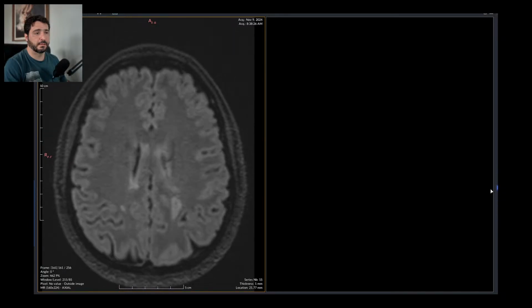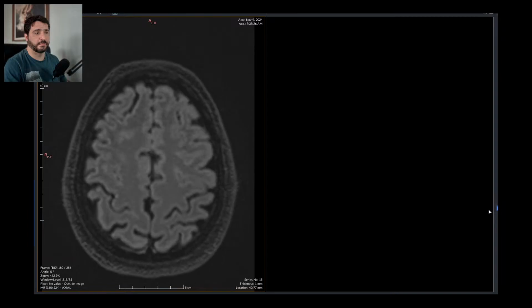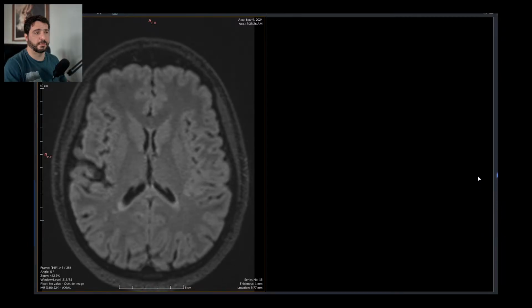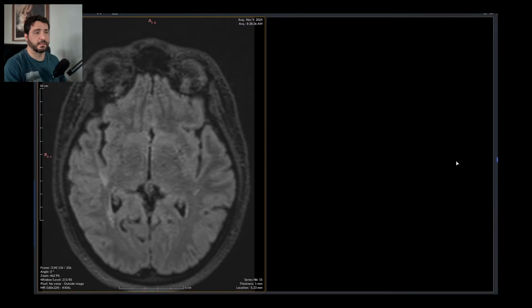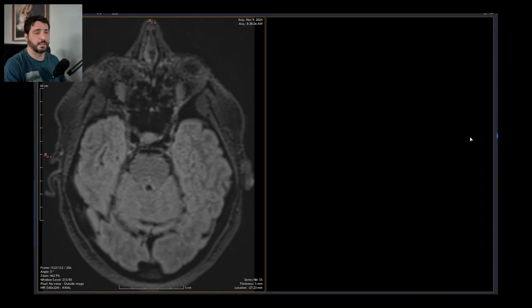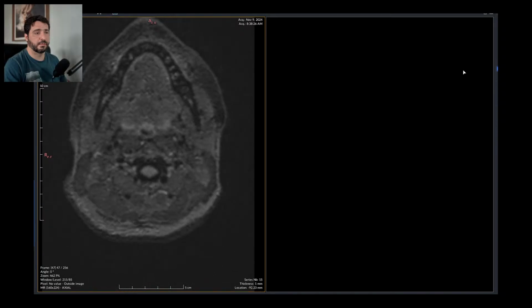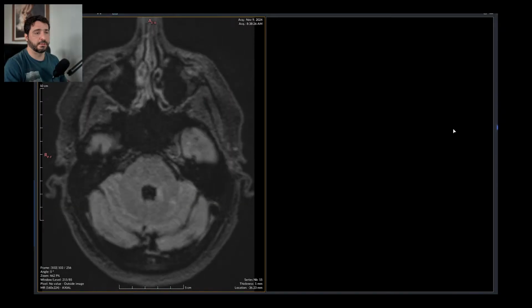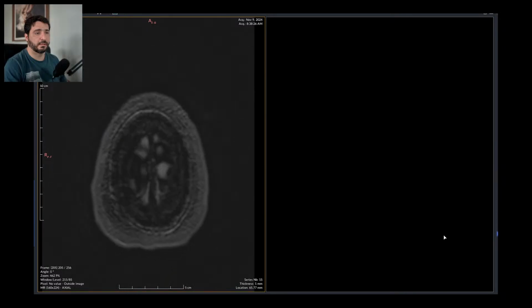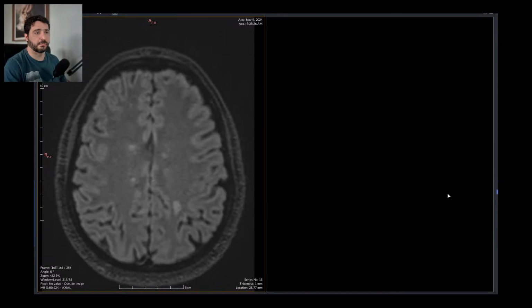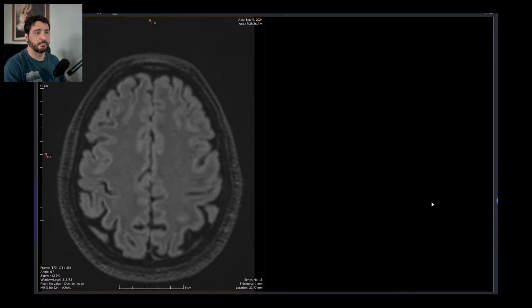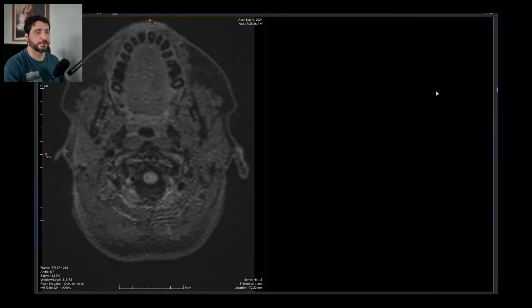This is a Fazekas 2 for sure, a very classic supra and infratentorial demyelinating disease, most commonly called multiple sclerosis for sure.